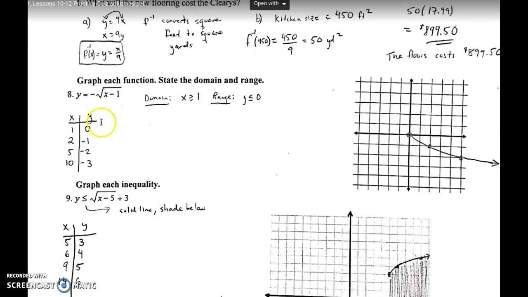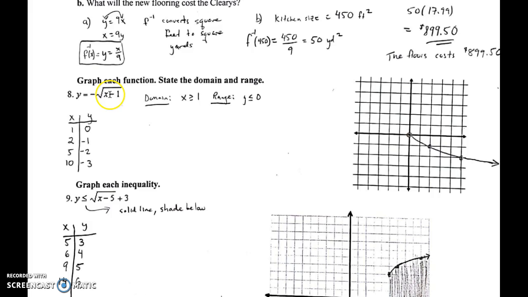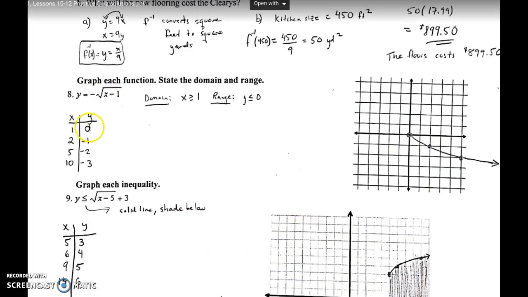To get these points here, I did the same process we thought about in class. If x is 1 up here, 1 minus 1 is 0. I know the square root of 0 is just 0. After 0, the next square root I know is 1. So if I use 2 as my x value, 2 minus 1 gives me 1. The square root of 1 is 1. That gives me negative 1 because of the negative sign in front. For 5, if I put 5 minus 1 in, I get 4.